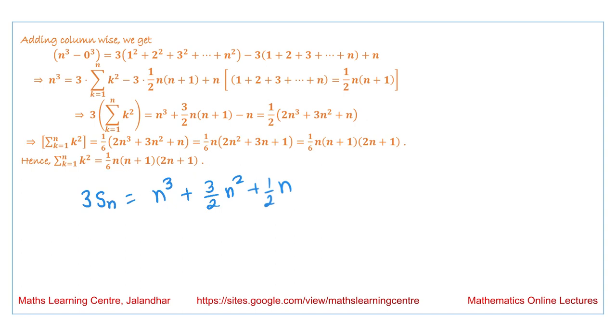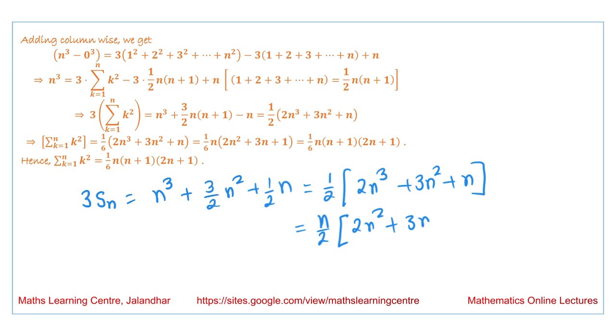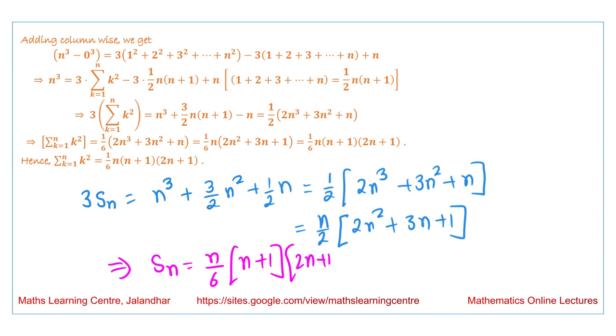Now if we take 1 by 2 common, we are left with 2n cube plus 3n square plus n. So this is equal to 1 by 2 into n common, we are left with 2n square plus 3n plus 1. So the value of Sn is n by 6 into (n plus 1) into (2n plus 1).